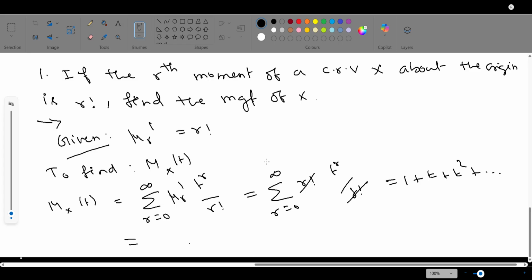When mod t is less than 1, we can write it as 1 minus t to the power minus 1, or simply 1 by 1 minus t. Therefore, we found M x of t equal to 1 by 1 minus t.